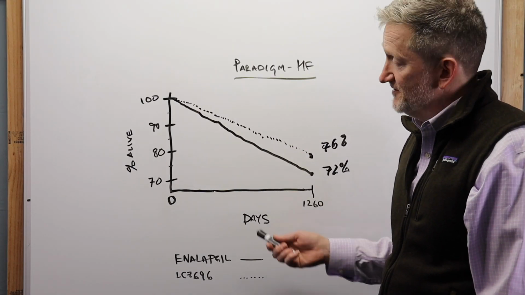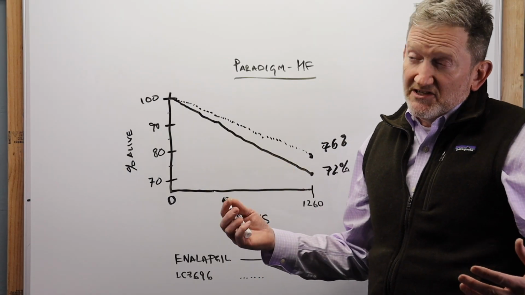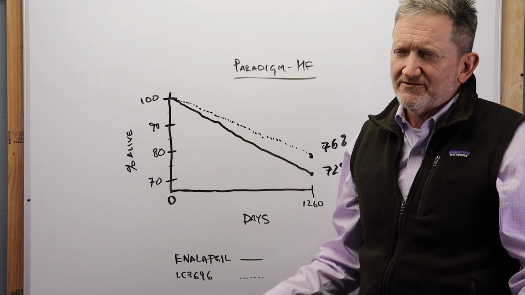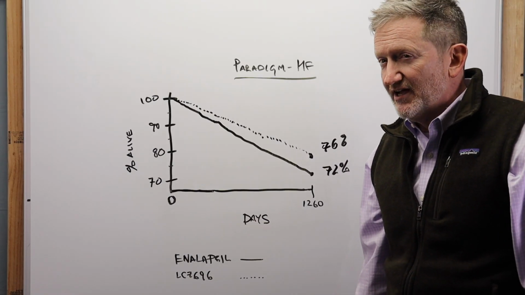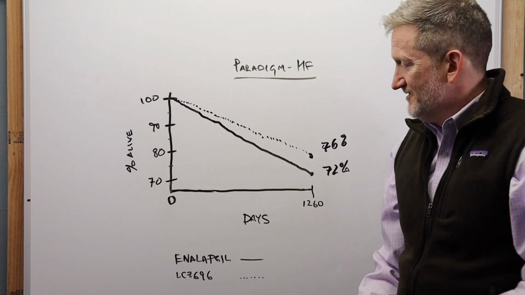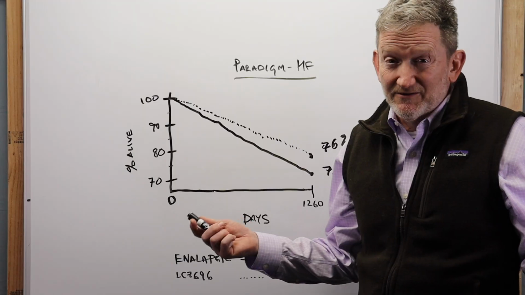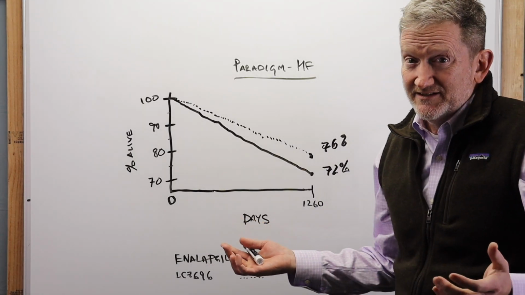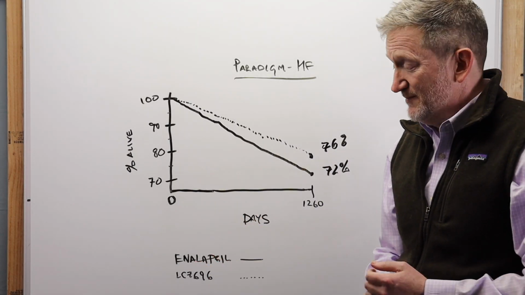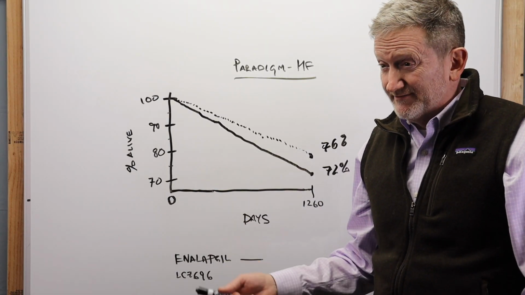These patients, the solid line, who were taking enalapril, each one of them faced a certain risk of dying each day. It was not like a 50-50 chance, or even a 1 in 100 chance. And at this point, we don't even know what it is, because we haven't gotten to that point yet. But they're at some kind of risk of dying every day.